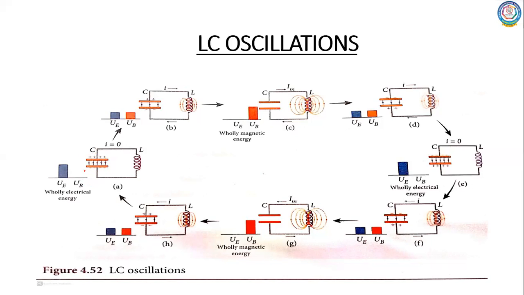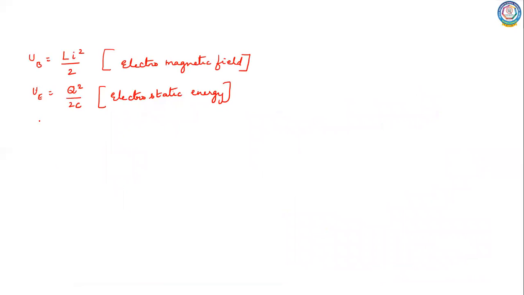So this capacitor is fully charged and it has the maximum charge QM at the initial stage. So let me write here case A. So what happens in case A?